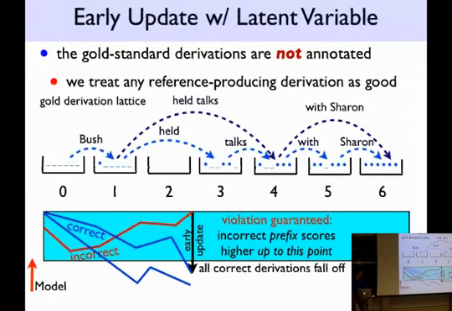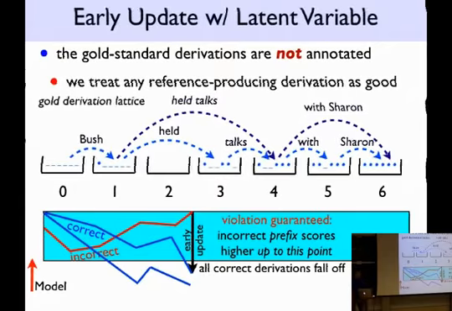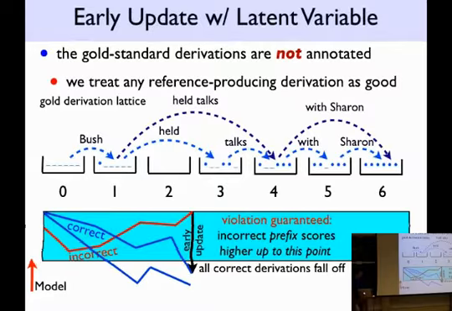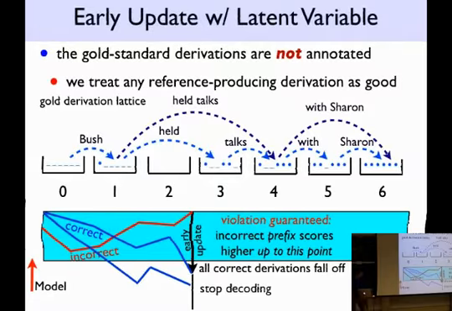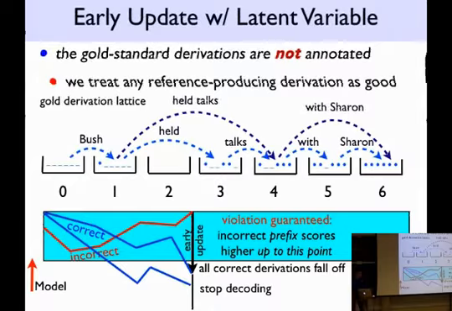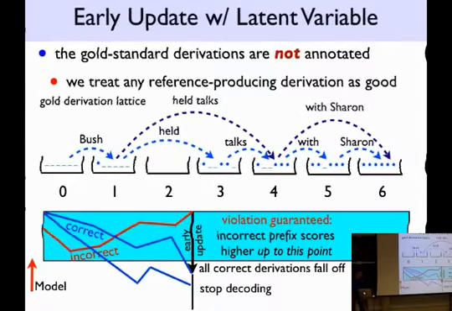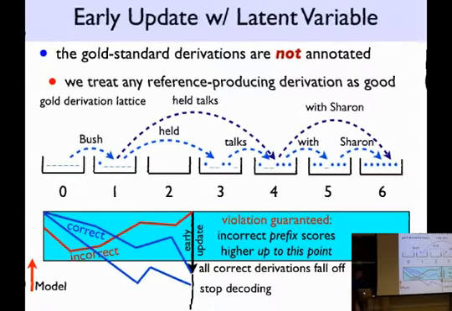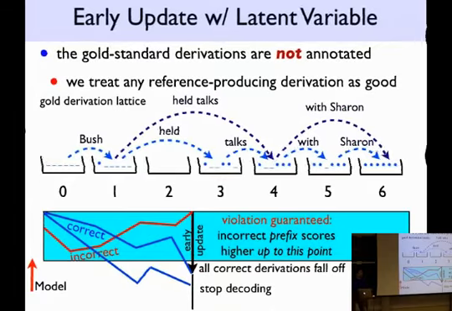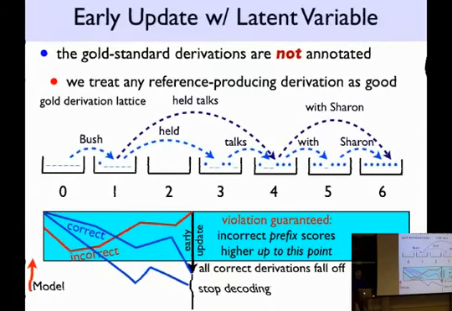So not here, but the correct prefix that is favored by your model. That's the simple extension of early update to the latent variable case. And you should stop decoding and skip the rest of the sentence again. So that works as well, but it's not working that efficiently. Learning-wise, it costs you a lot more iterations to converge.